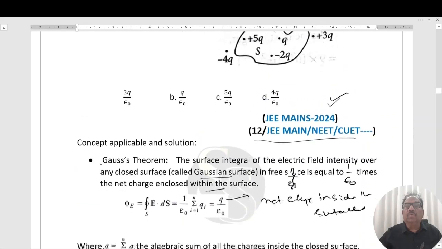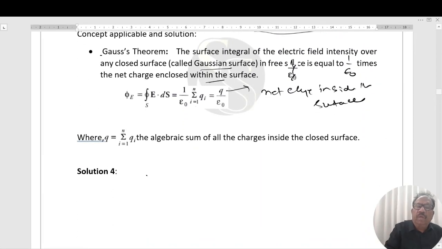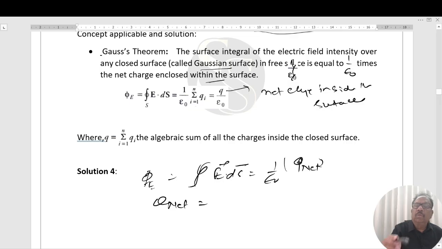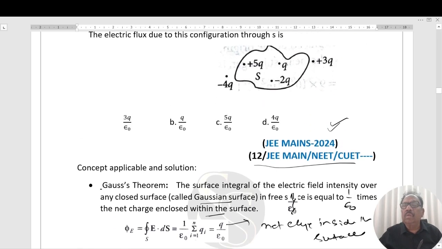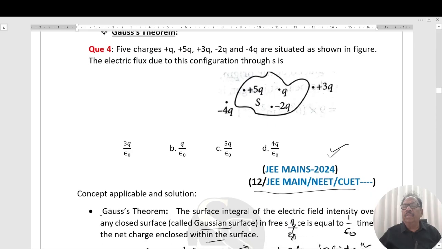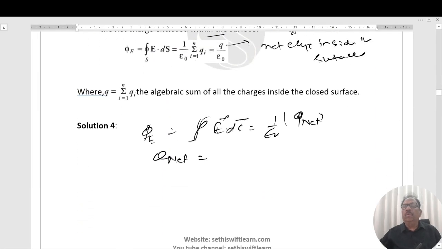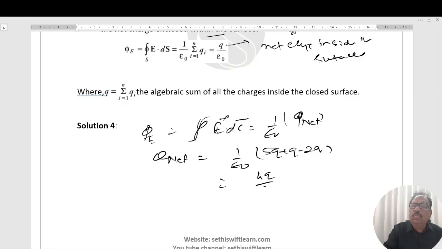Let's start the question. In this case, we have to find the electric flux. Electric flux phi E equals the integral of E dot ds, or 1 over epsilon naught times Q net inside the surface. Q net inside is 5Q plus Q minus 2Q, so 1 over epsilon naught times that is 4Q upon epsilon naught.